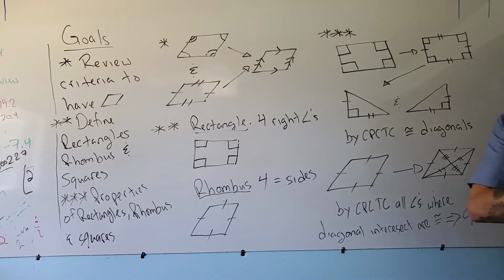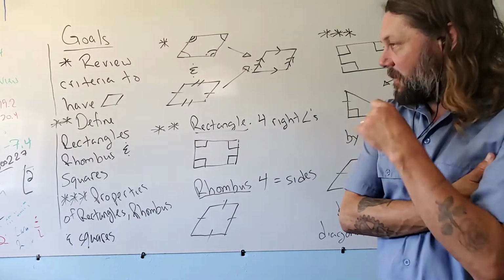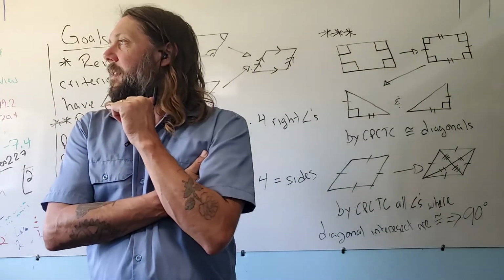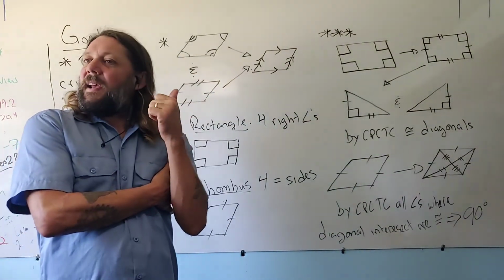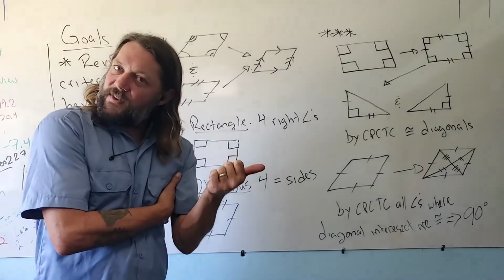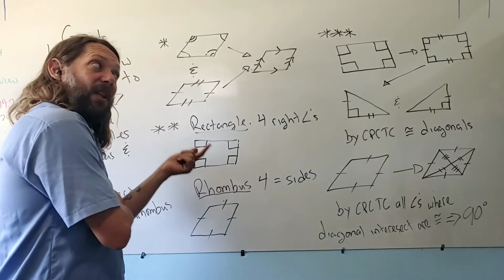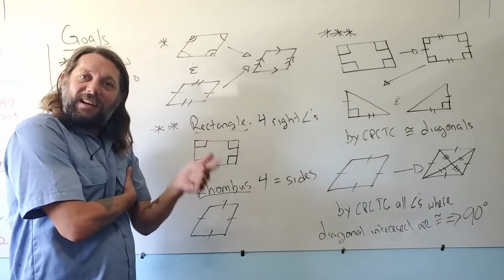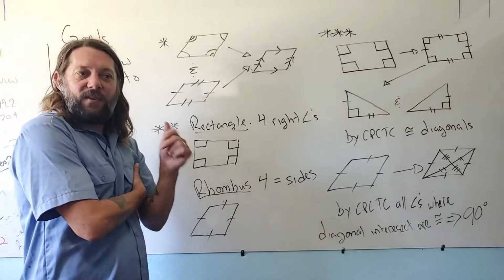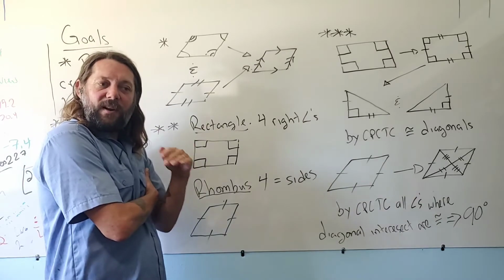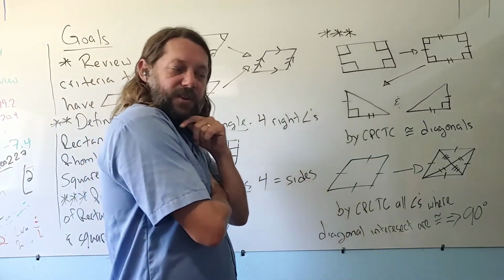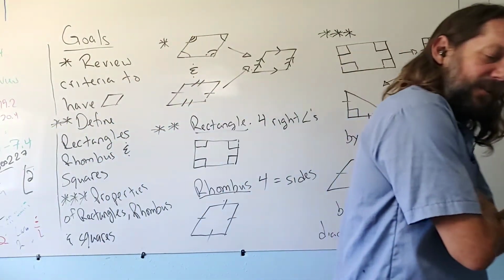So not only is a rectangle a parallelogram, so that means its opposite sides are equal. It means its diagonals bisect each other, but a rectangle also has equal diagonals, right? So that's what a rectangle does beyond just a parallelogram. It has the equal diagonals.